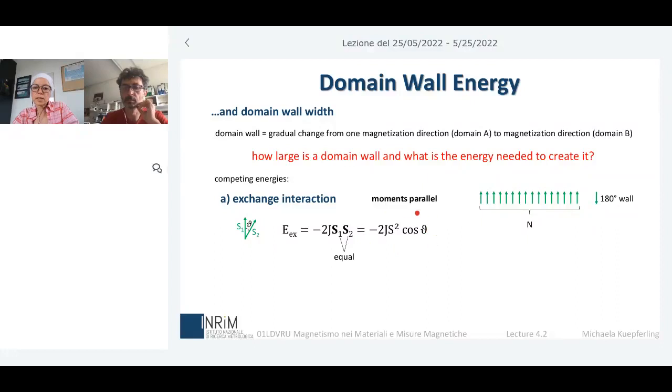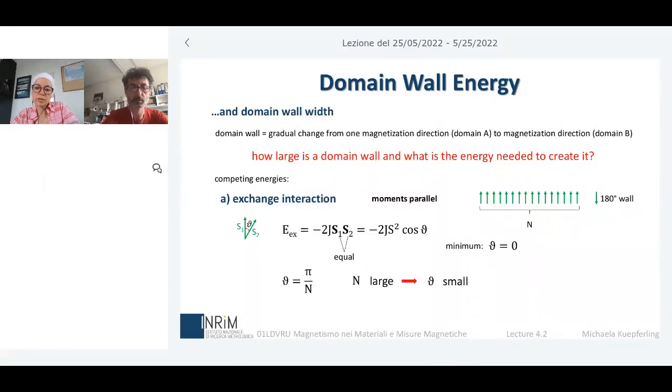Of course, then we can consider the angle theta here. And this energy will be minimum if theta is equal to 0, so if the spins are parallel. If we have n different spins, then the angle between two neighboring spins will be pi divided by n.